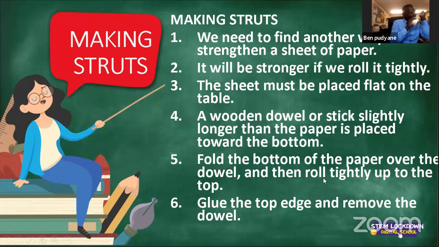So if you have glue, you can use glue, but I'm having sellotape with me. I'm making sure that it sticks together. Then I'm going to remove it from the dowel.